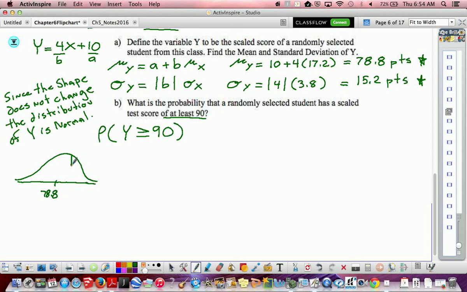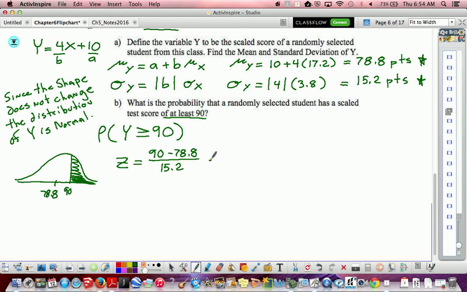So I'm trying to see what's the probability of having a score of 90 or greater. So I'm looking for that area. So right away, I'm hoping you're thinking z-scores. So I'm going to convert this to a z-score. Z is equal to my score 90 minus 78.8 divided by 15.2.